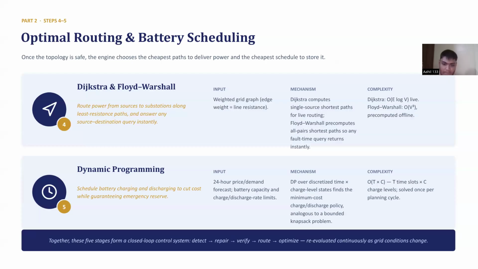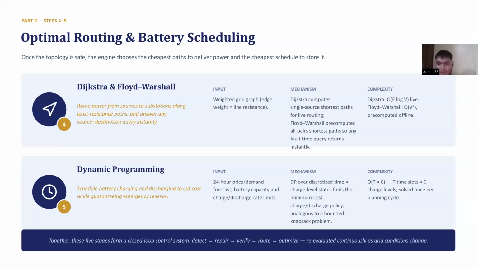Battery capacity and charge and discharge rate limits are also inputs. The algorithm works over discretized time and charge level states to find the minimum cost charging policy.